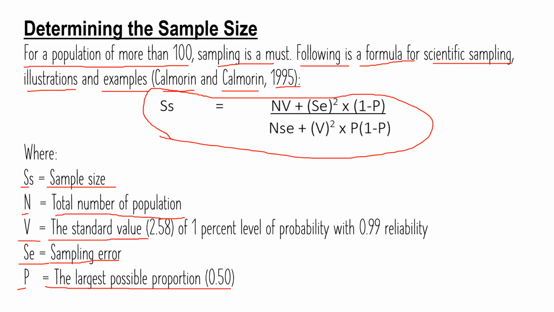Sampling errors happen when you use a randomly selected sample. This is because random samples are not identical to the population in terms of numerical measures like means and standard deviations. Because your population mean is not equal to your sample mean, and your population standard deviation is not equal to your sample standard deviation, that's why there is an existing sampling error. So that's it.